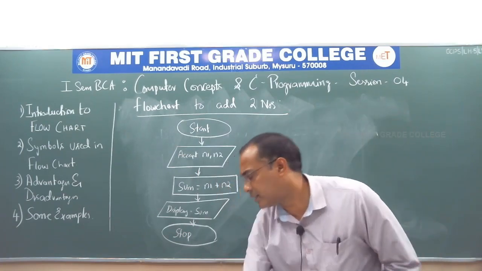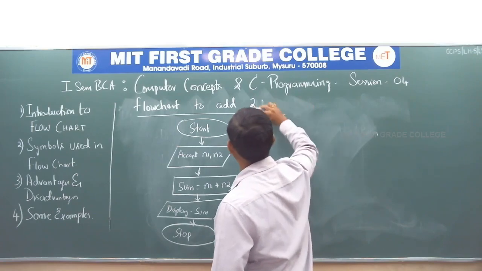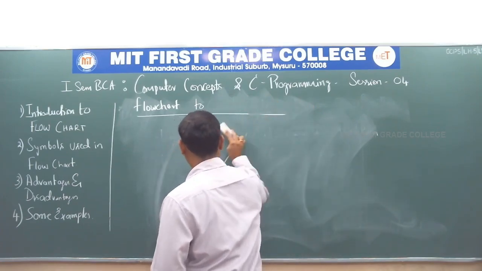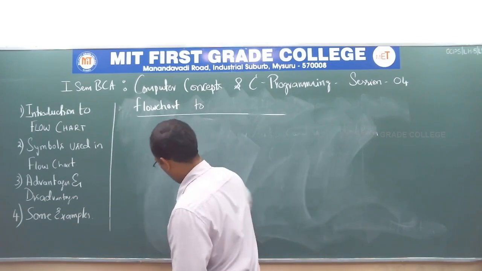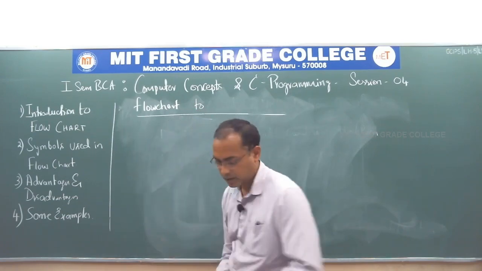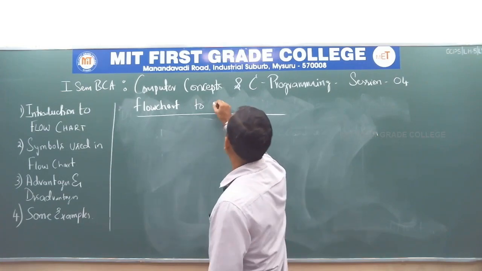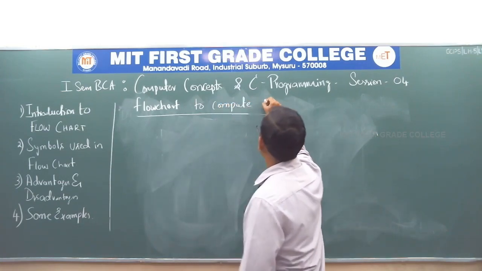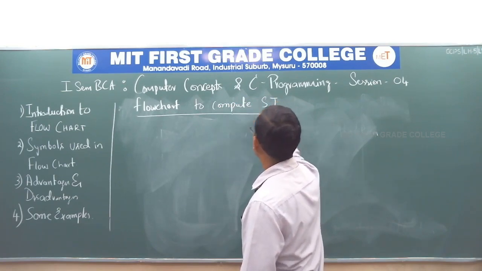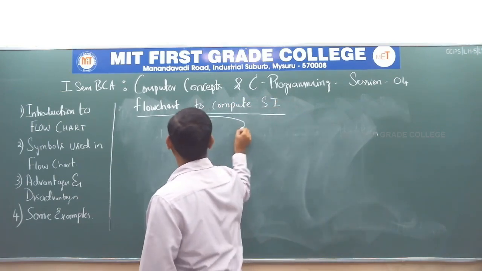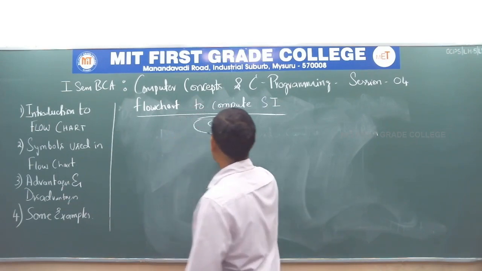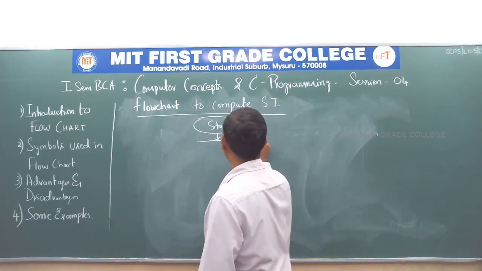Now we'll take the next example. The flowchart to compute simple interest. It's also a very fundamental problem and very easy. Start, accept the input.